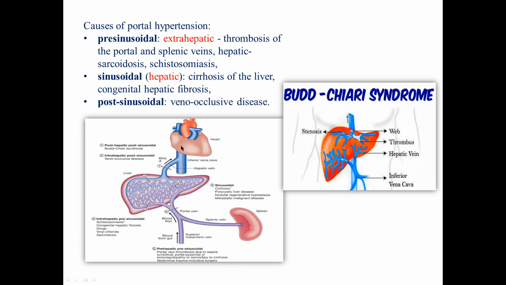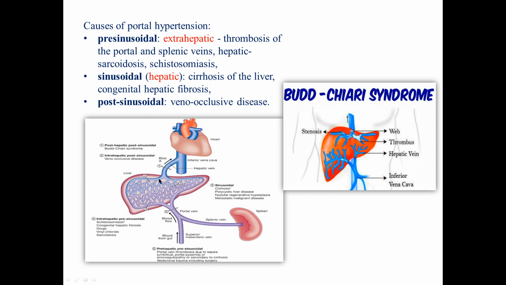There are three types of causes of portal hypertension, depending on the level. It may be at the pre-sinusoidal, sinusoidal, or post-sinusoidal level. Pre-sinusoidal or extrahepatic portal hypertension may be caused by thrombosis of the portal and splenic veins, hepatic sarcoidosis, and also schistosomiasis.